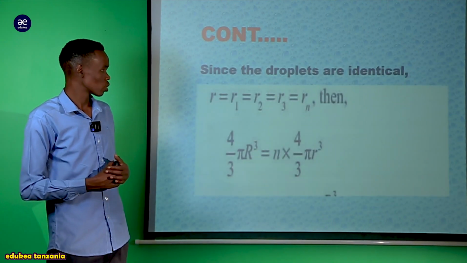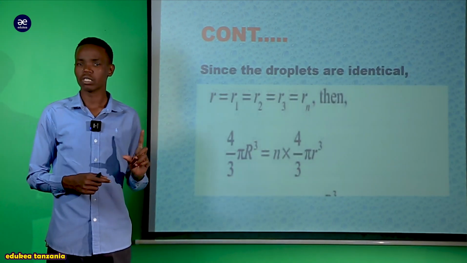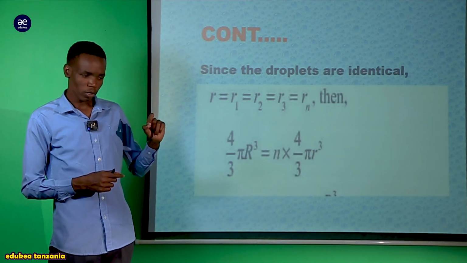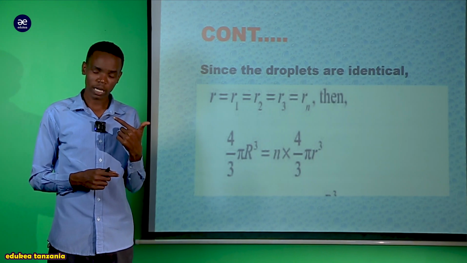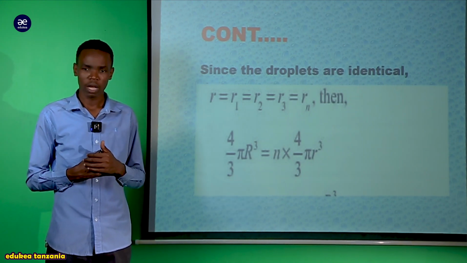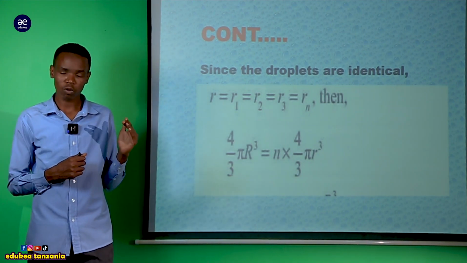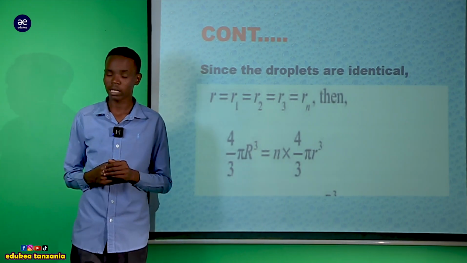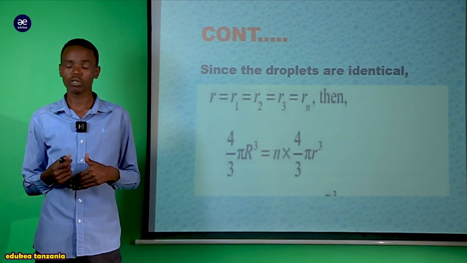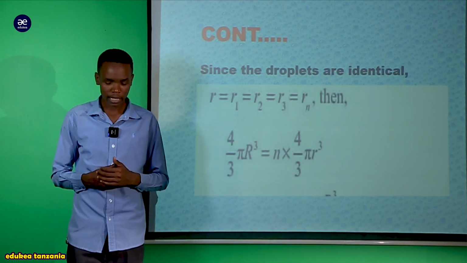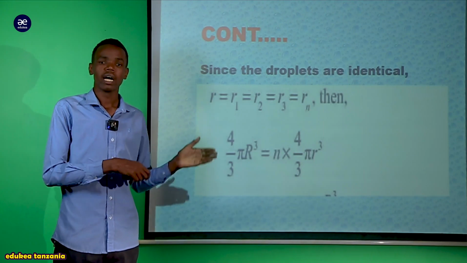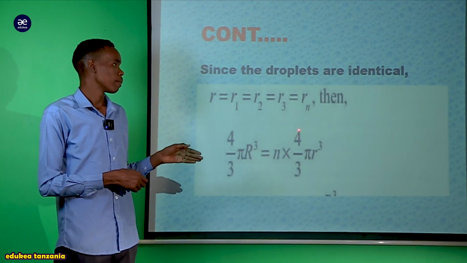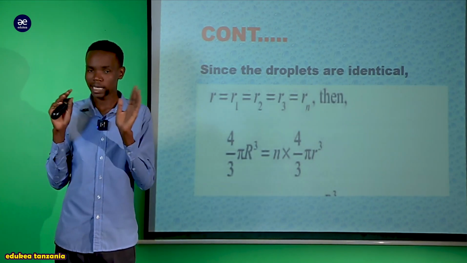Now finally, my dear student, for identical, as we have been told that those are small droplets that come from the single droplet due to the breaking of that single droplet, they must have the same radius because they are identical. Kwa kama ni identical, basi tutaconclude kwa kumwambia kuwa kumbe r1, r2, r3 pamoja na rn watakuwa ni the same.